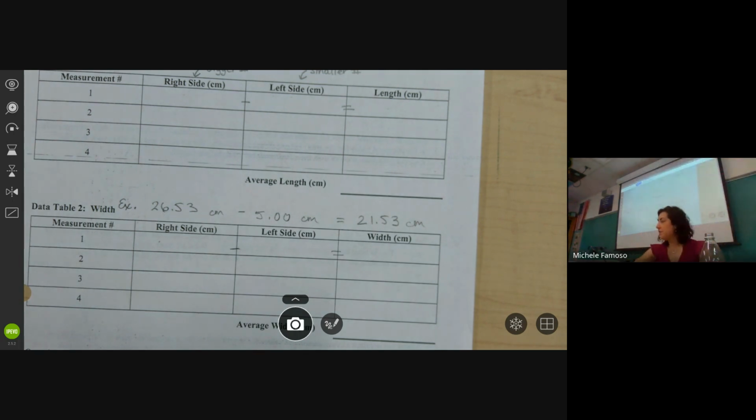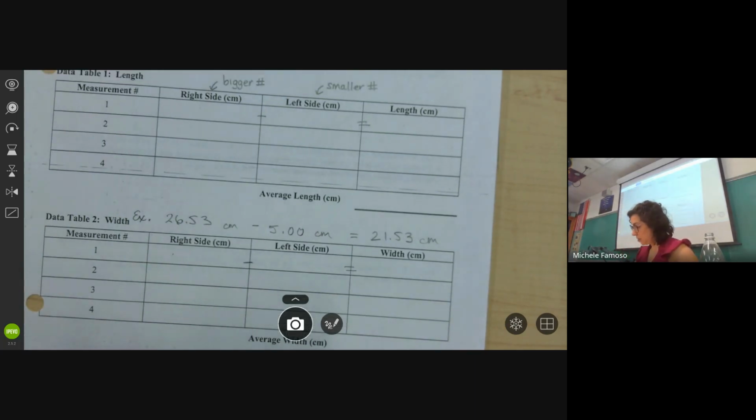And I'm going to make up some fictitious data. Actually, it was not fictitious. This is a student's lab from a couple of years ago. Who did it? I'm going to copy their numbers.